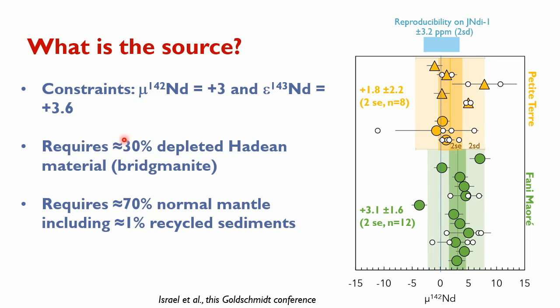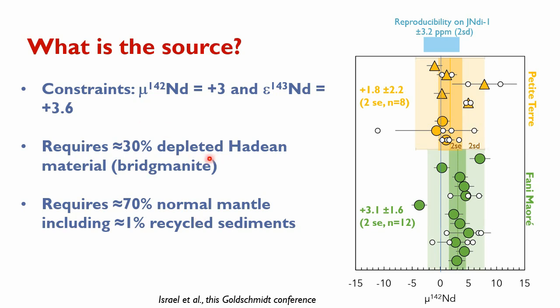And so the final calculation is that we need about 30% of depleted Hadean material in the source. 30%, that's a lot. And the other 70% is normal mantle that includes a little bit of recycled sediment.